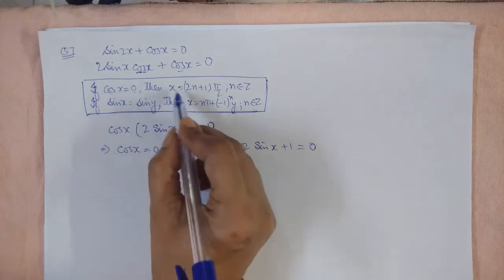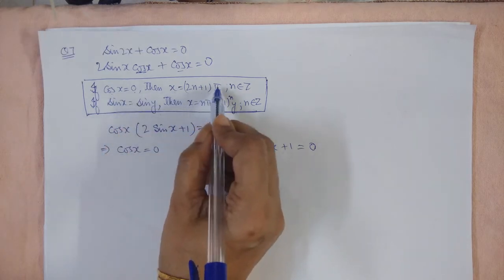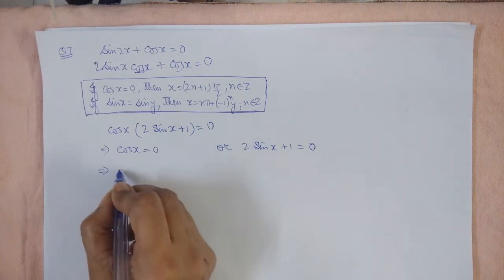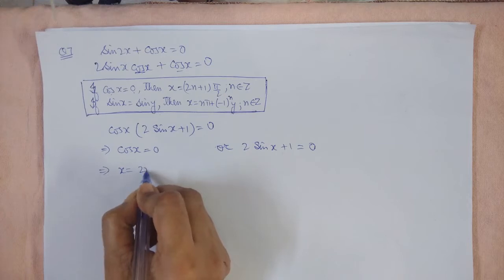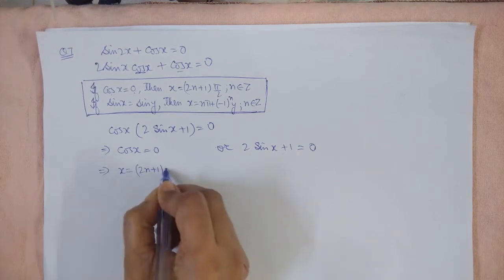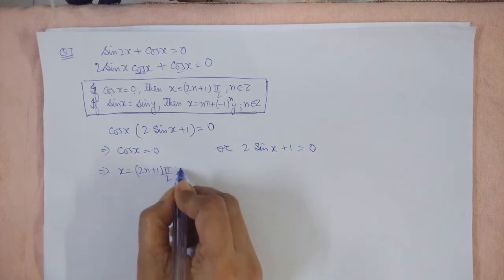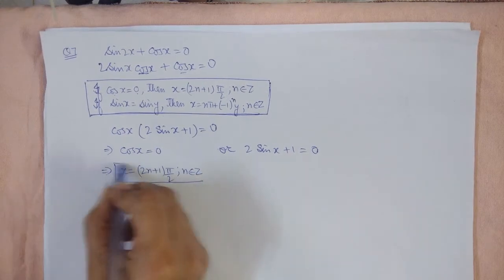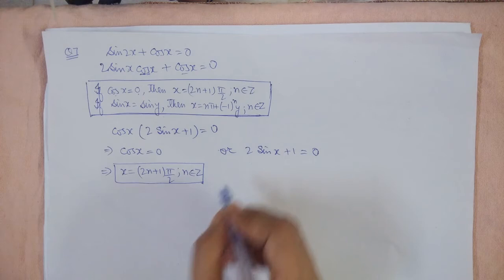If cos x equals 0, then x equals (2n plus 1) π by 2. So the same thing we will apply here: x equals (2n plus 1) π by 2, where n belongs to integers. So this is one of the general solutions.